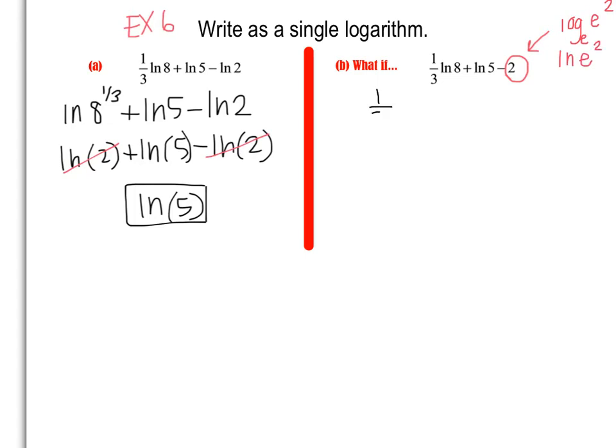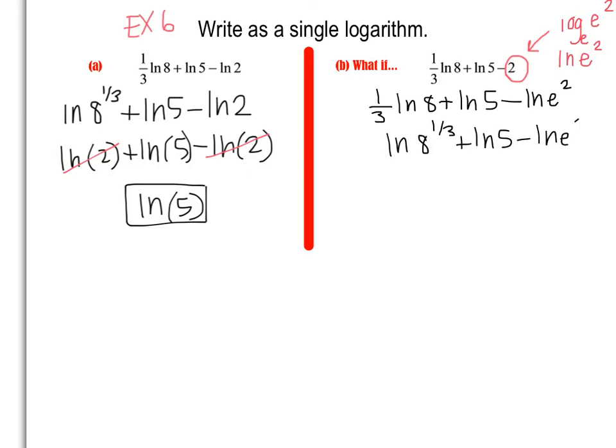So this is 1/3 ln 8 plus ln 5 minus the natural log of e squared. And now we could condense it. So same rules apply. We would raise 8 to the 1/3 power, which is just 2. So we have ln of 2 plus ln of 5 minus ln of e squared.